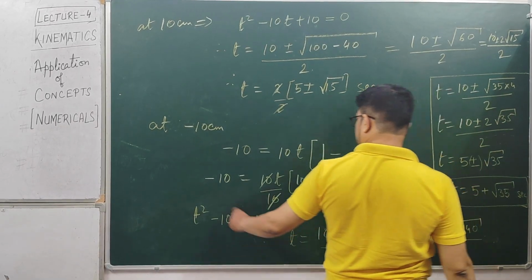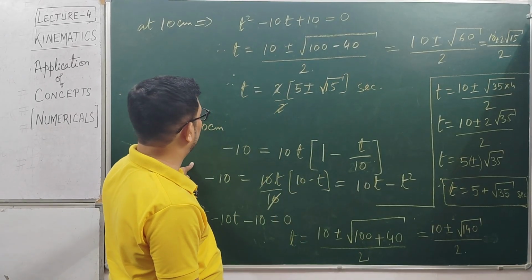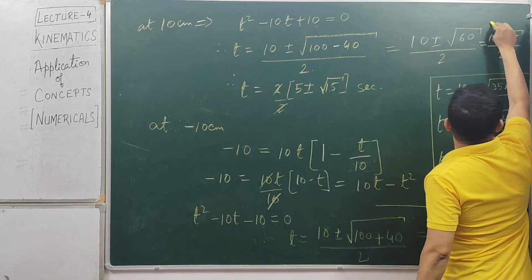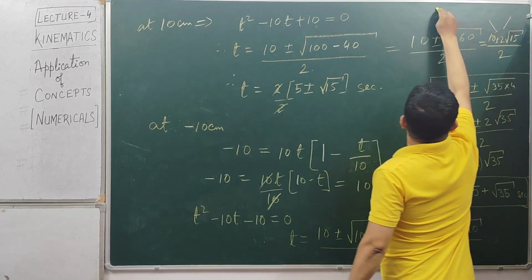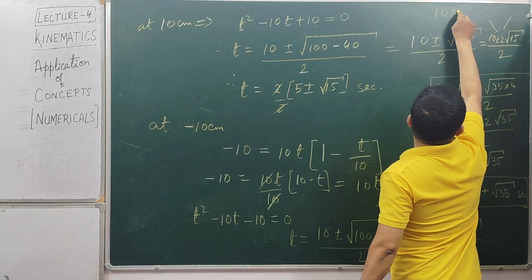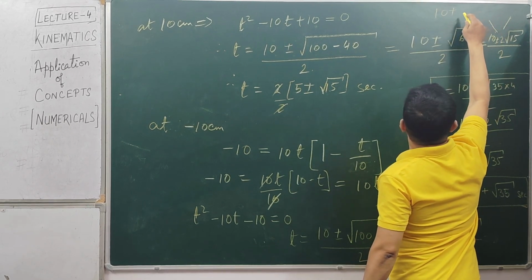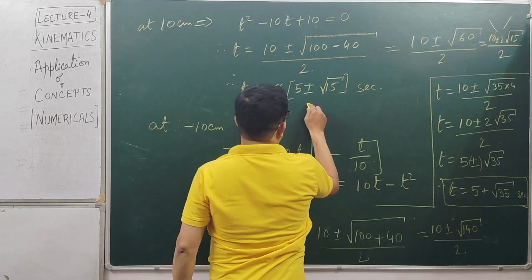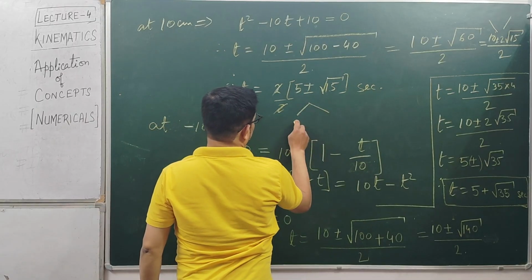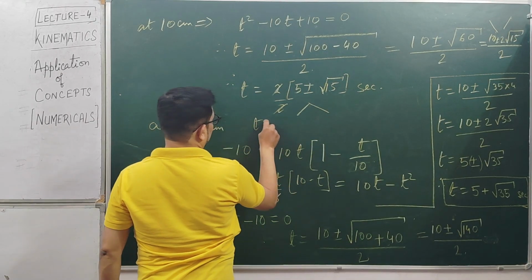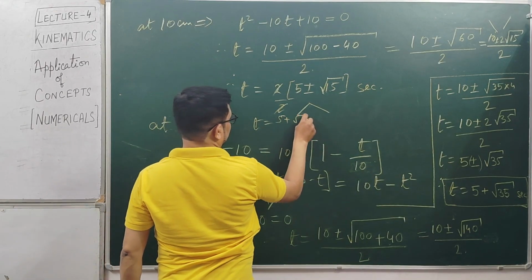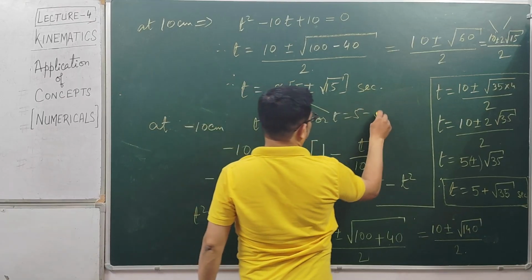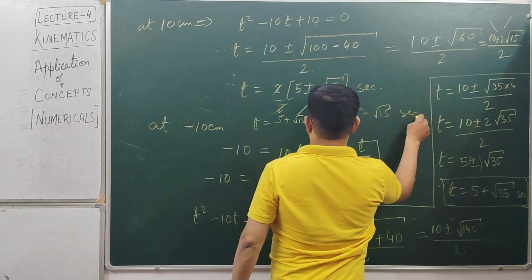So we just use the positive, and therefore we get this time for when x is equal to minus 10, and we got there when x was 10, we got the two values. So we can have both values, that is t could be either in this case 5 plus under root 15, or t could be 5 minus under root 15 seconds.